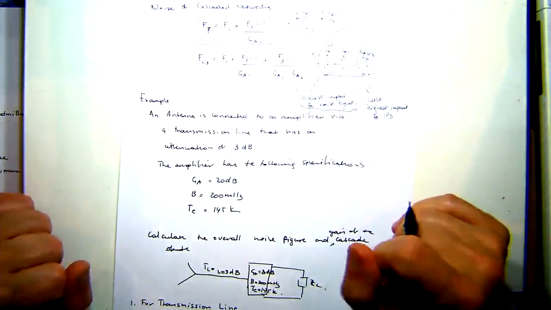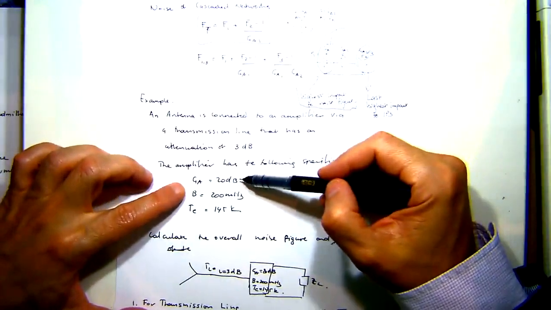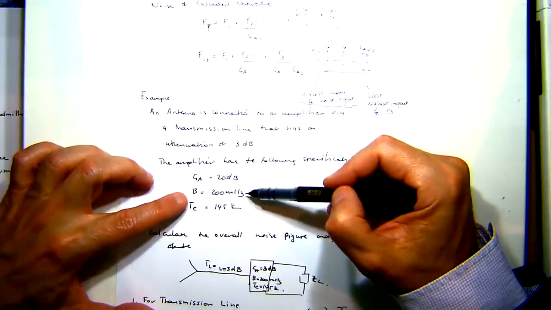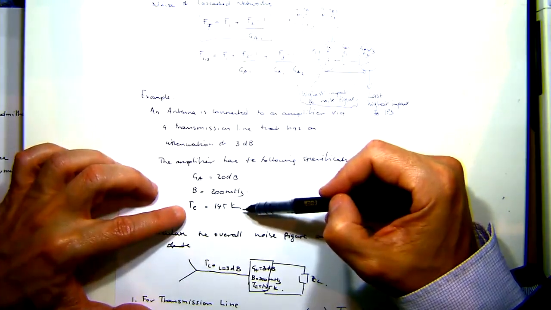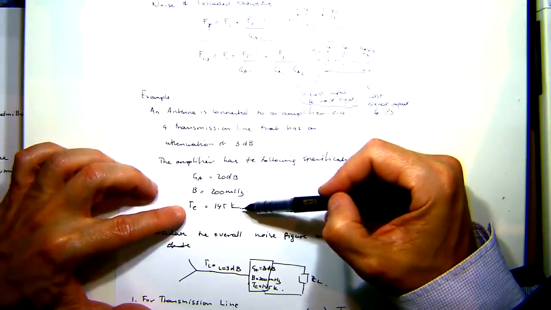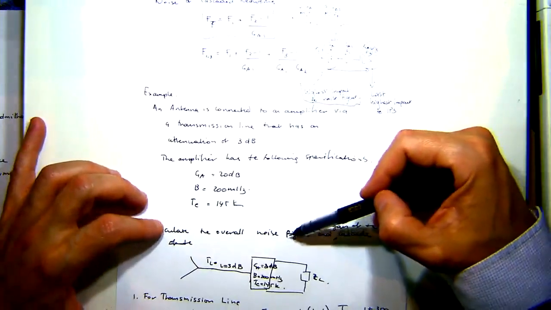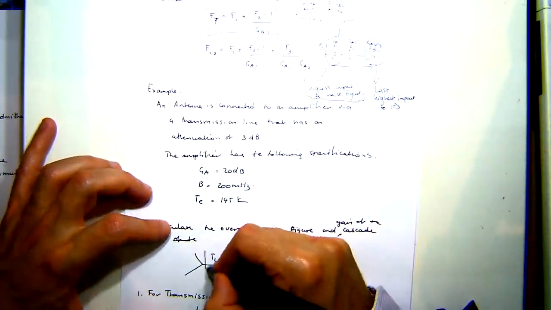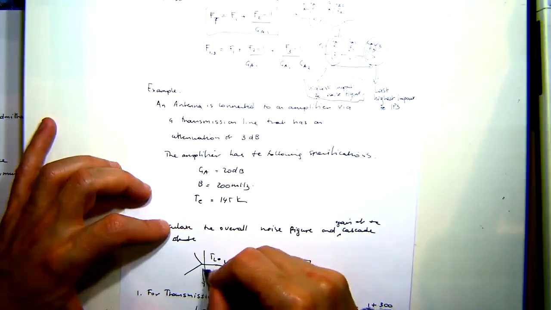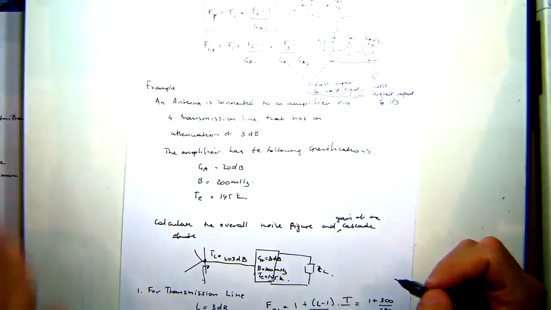The amplifier has 20 dB gain, a bandwidth of 200 megahertz, and an equivalent temperature of 145 degrees Kelvin. What I ask you to do is to calculate the overall noise figure of the gain cascade. I'm saying, what's the noise figure, if this is the input, from here onwards.